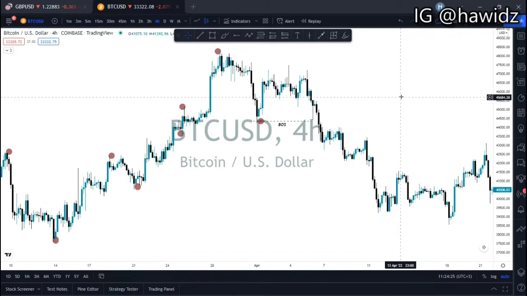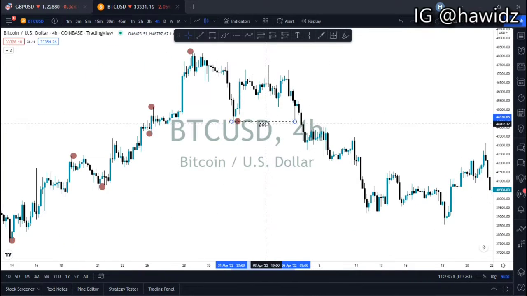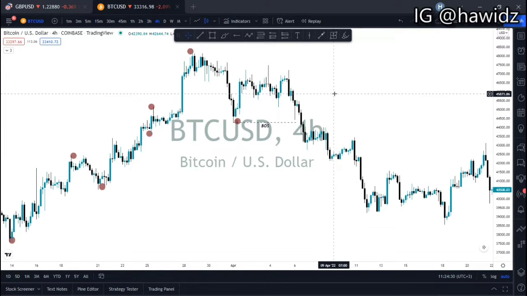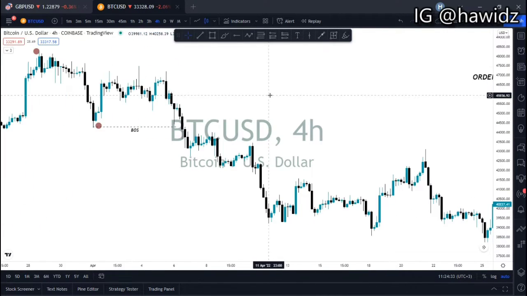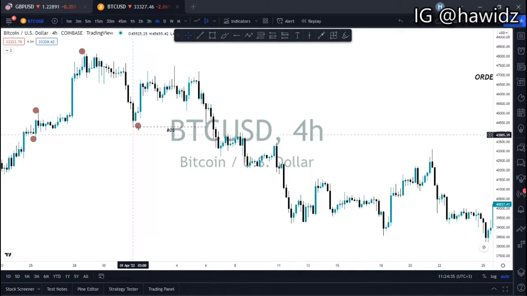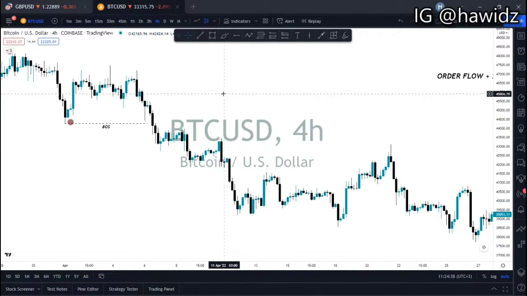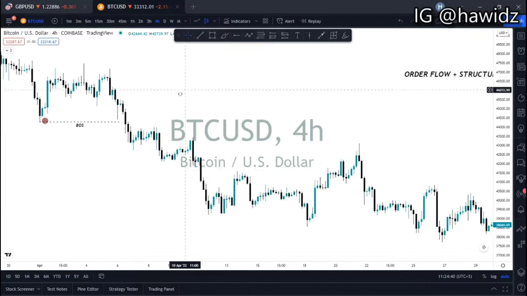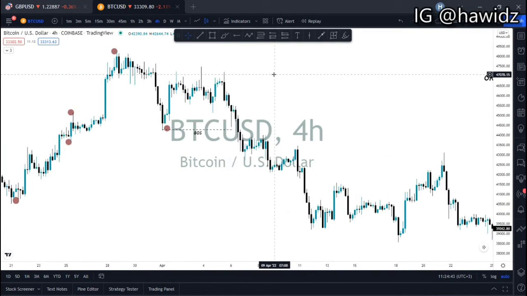So immediately when this low right here was broken, we started being bearish on Bitcoin, and as you can see, price then made these slight pullbacks to potentially give our smart money traders entries. We can see that price made this low and then this high.